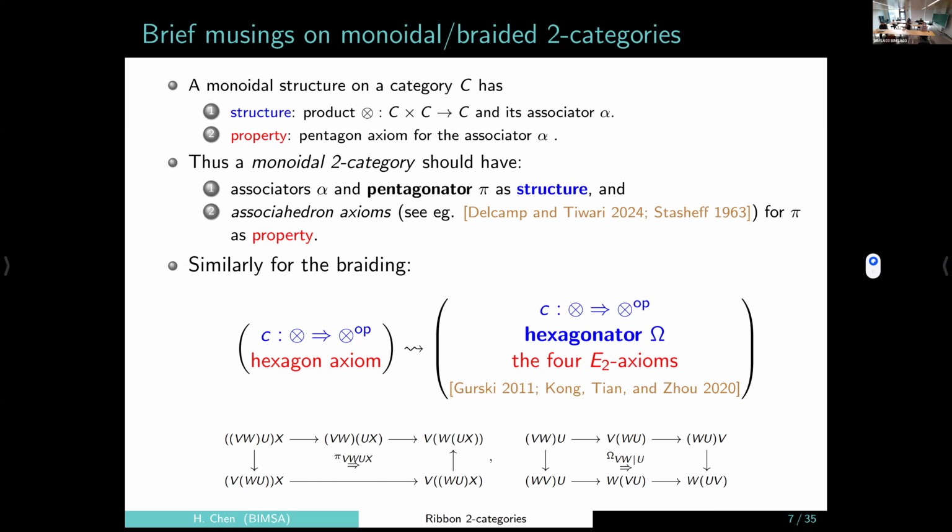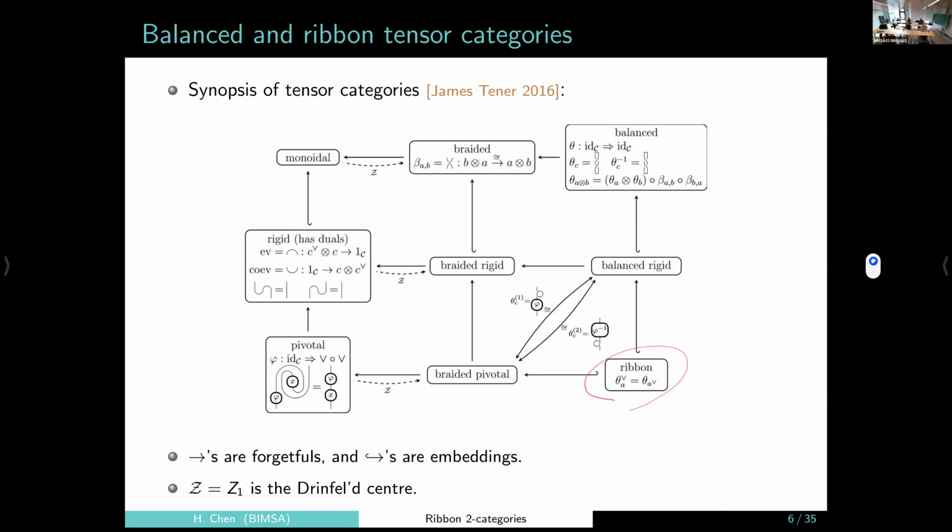I know previously what my properties are, but when I categorify, I need to put data or structure onto my two category which witnesses the properties I used to have, and then I give you additional coherence axioms. I'm going to do this not only for braiding, but also for the rigidity condition. I would say that's kind of the tough part.